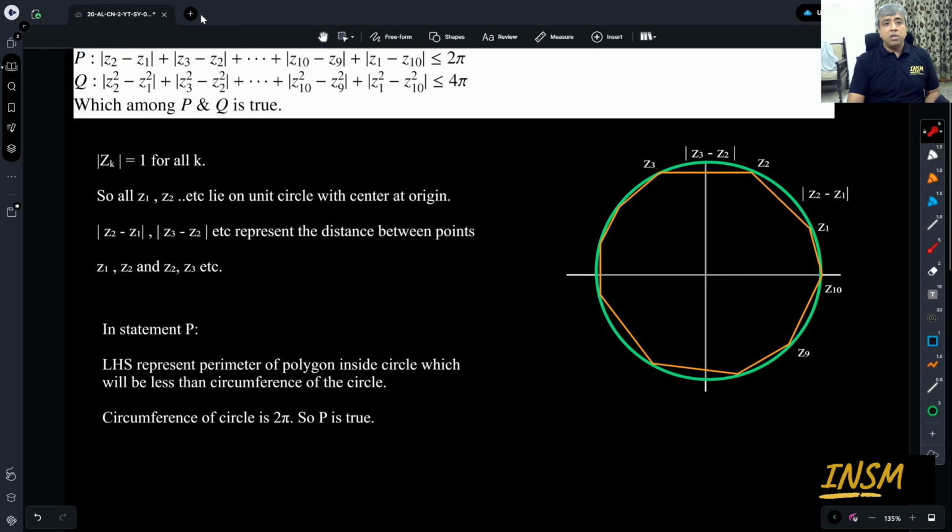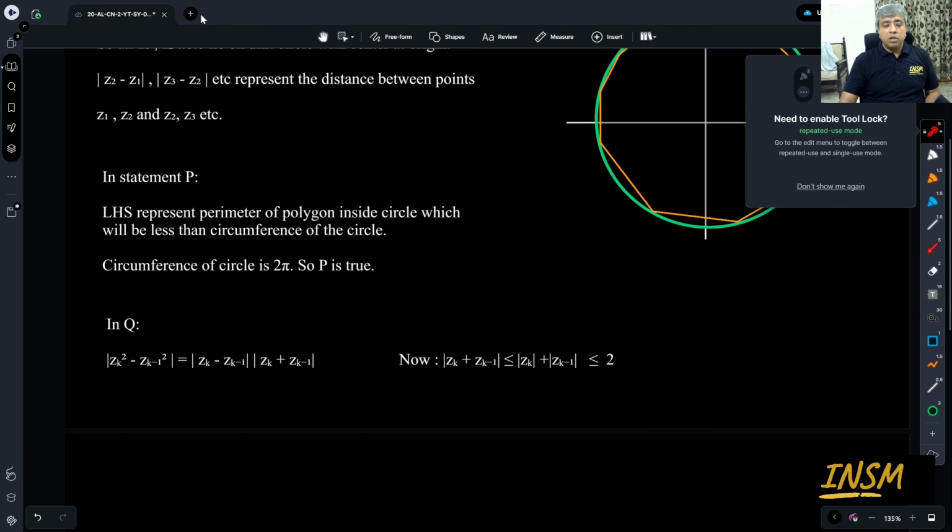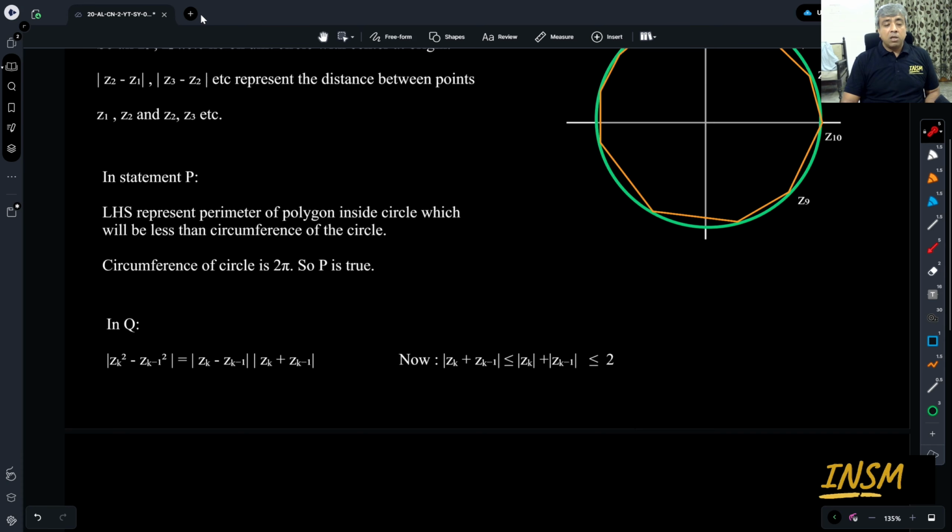Now we'll look at the statement Q, which is saying mod z2 square minus z1 square and so on. So we'll factorize it and see what we get from here. In Q, a general term is of the form zk square minus z(k minus 1) square, which can be factorized and written as z(k minus 1) multiplied by zk plus z(k minus 1).